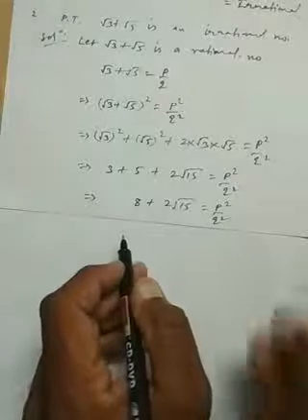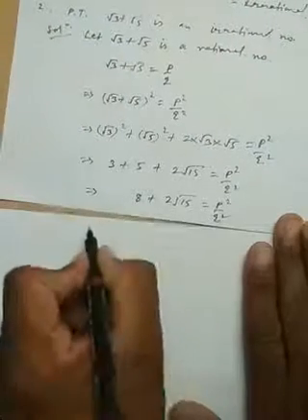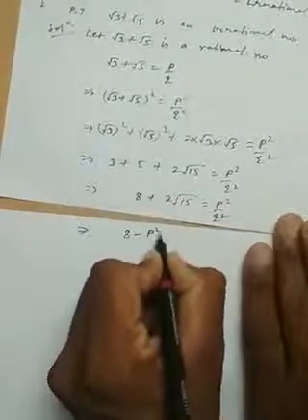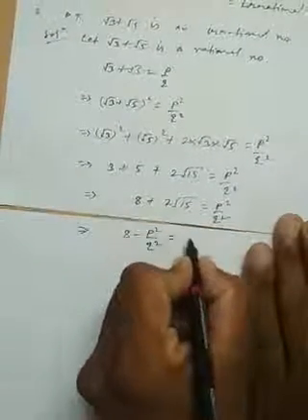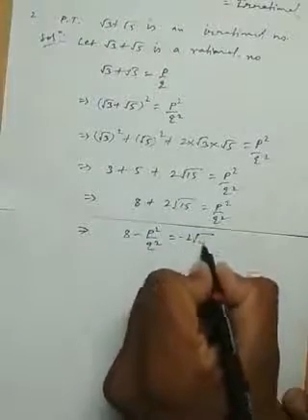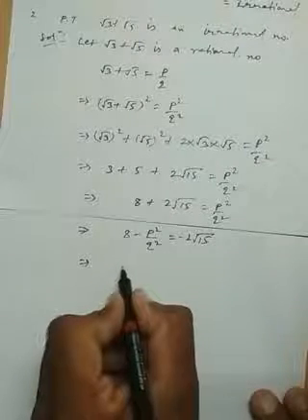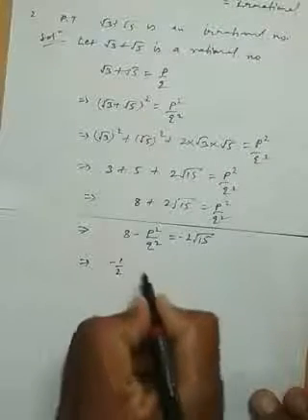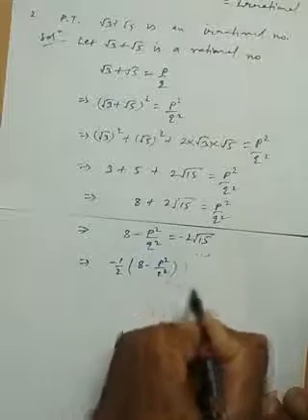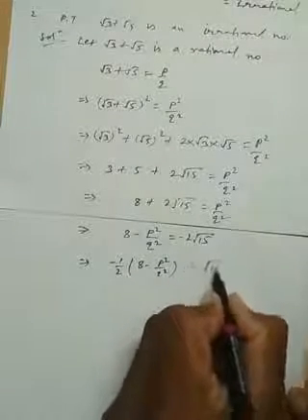Here transpose the numbers: 8 − p²/q² = −2√15. Again cross multiplied, −2 on this side, −1/2 into (8 − p²/q²) equals √15.